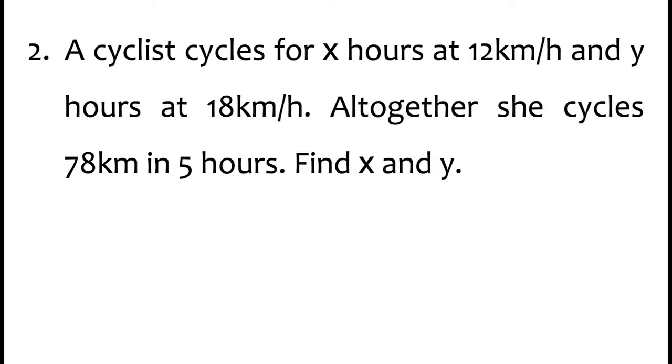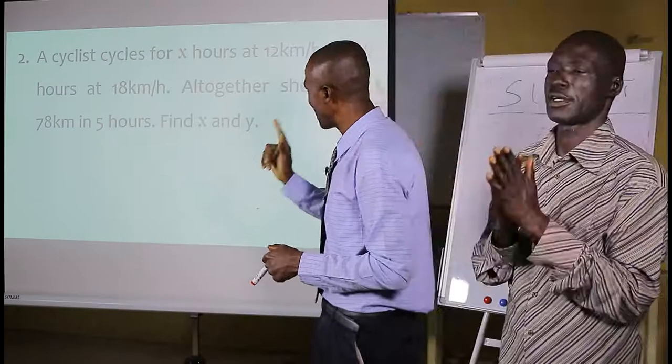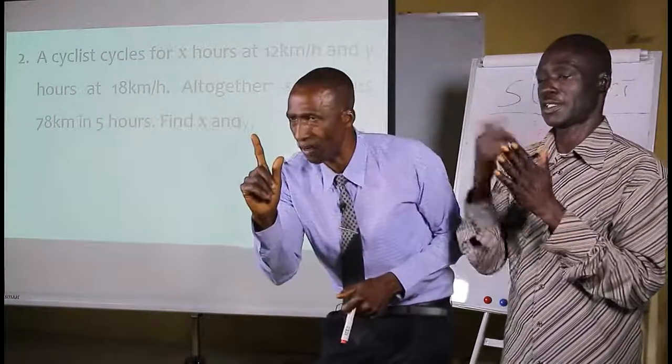Example number 2. A cyclist cycles for x hours at 12 kilometers per hour and y hours at 18 kilometers per hour. Altogether, she cycles 78 kilometers in 5 hours. Find x and y. Understanding of the question is very important.